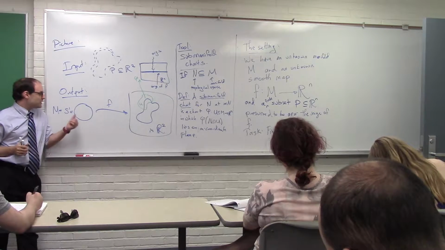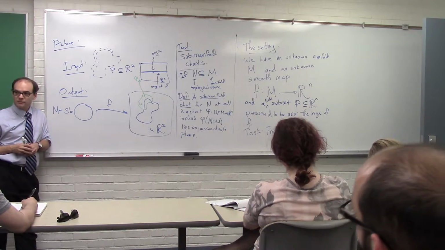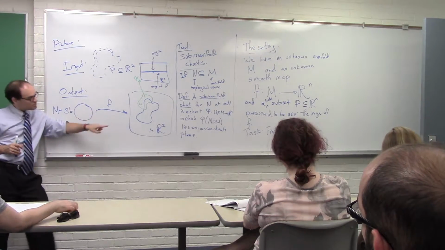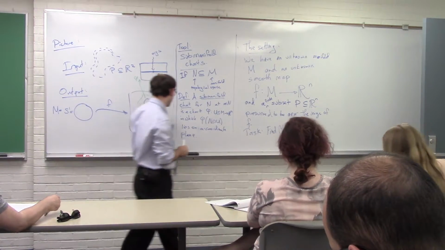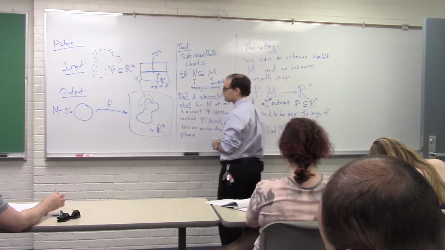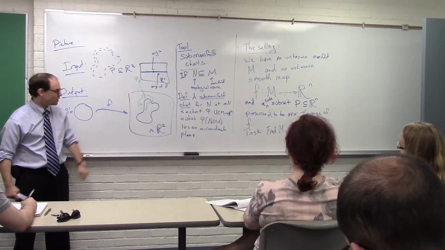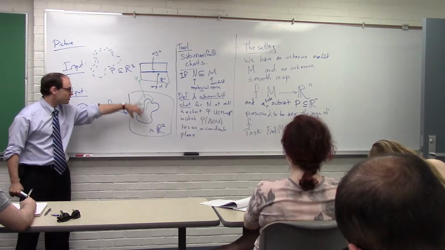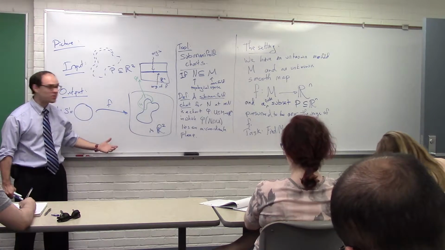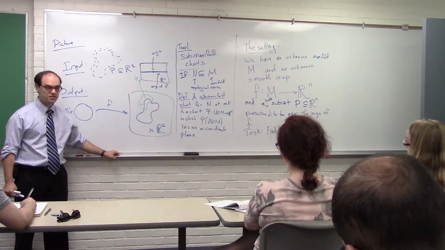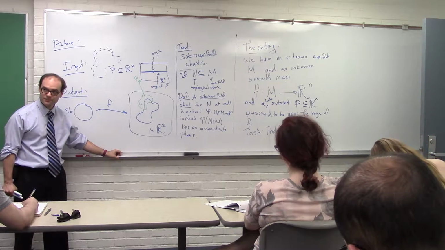Now, of course, I can't flatten the entire circle down to a single line, but I can do it bit by bit locally as I scan around here and come up with lots of submanifold charts. Now, the cool thing about submanifold charts is if I restrict my attention to that coordinate plane on which it lies, in every one of the submanifold charts, I end up with an atlas for that sub-topological space.